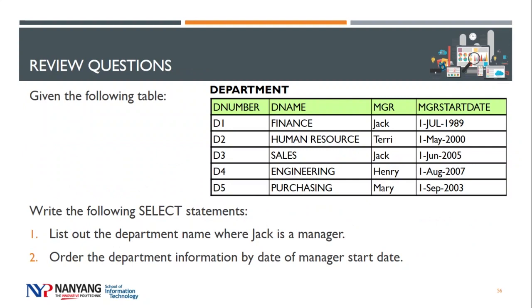So some review questions here. Write the following select statements. List out the department name where Jack is a manager. For this, the statement will be select the name from department where MGR, manager, is equal to Jack.